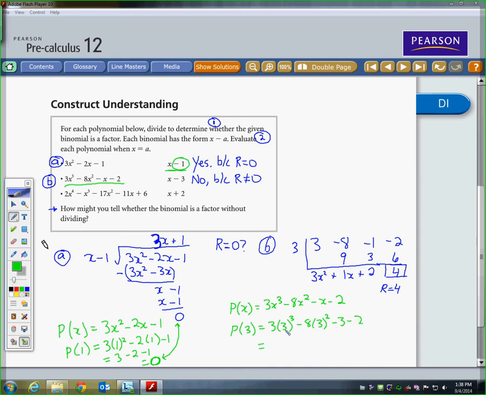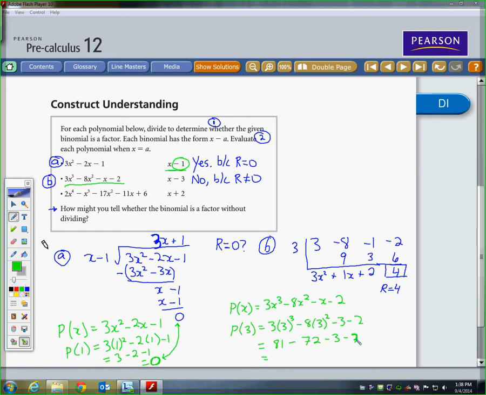Okay, 3 cubed is 27, and times another 3, that's 81, minus 8 times 9, which would be 72, minus 3 minus 2. I think I find this easier if I put together all my negative integers first.